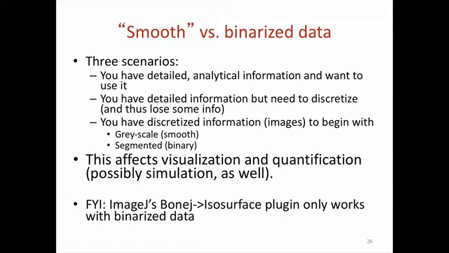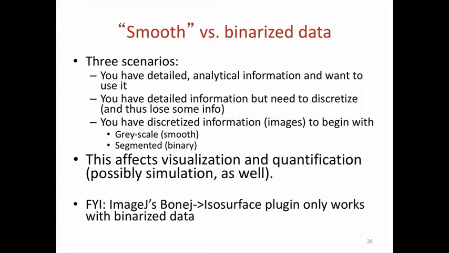All right, so just a quick recap in terms of smooth and binarized data and how it affects surfaces. I might have three scenarios. I might have detailed analytical information that I use to create a surface. So this is an example: let's say that I have a sphere packing, and all of my spheres are analytically described.